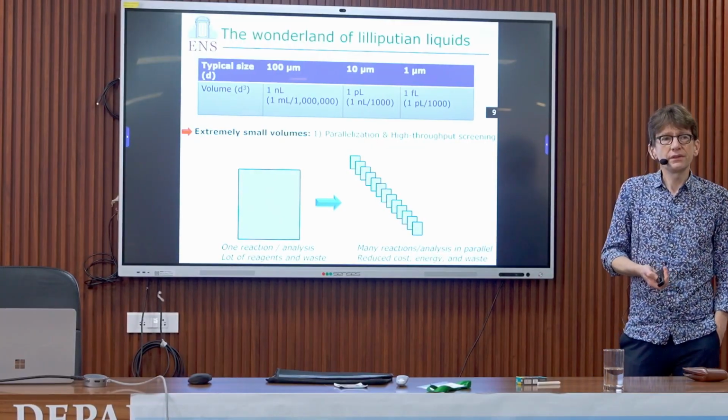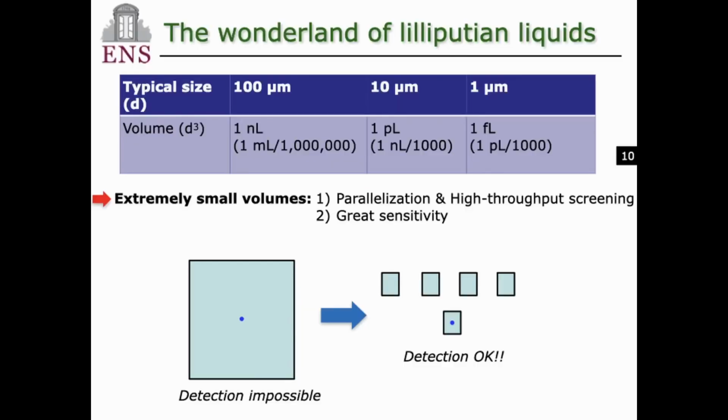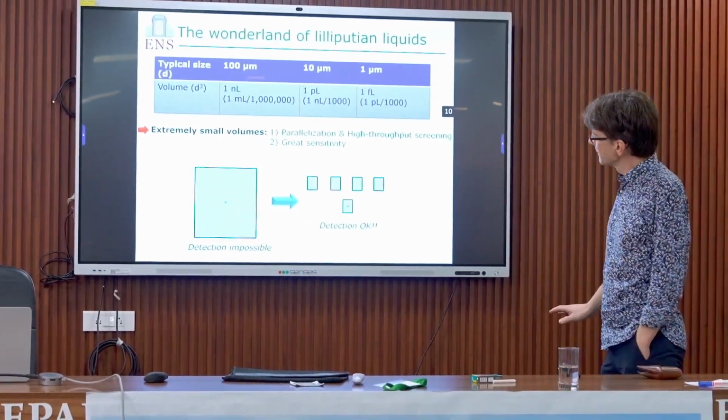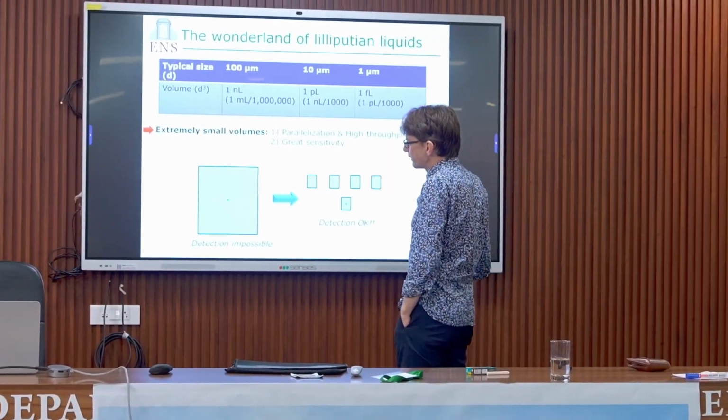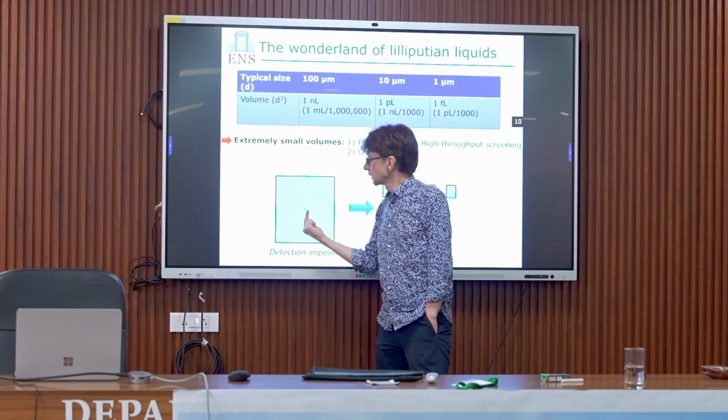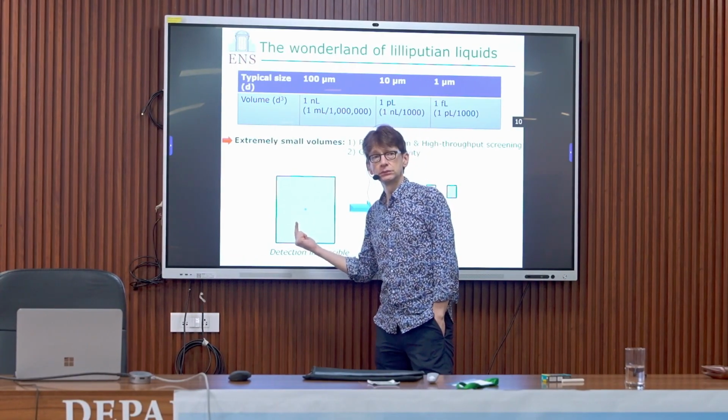Another thing that is very naive, but it's quite interesting, is the sensitivity. So I made a very simple drawing, but imagine you have one pathogen in a swimming pool, okay?